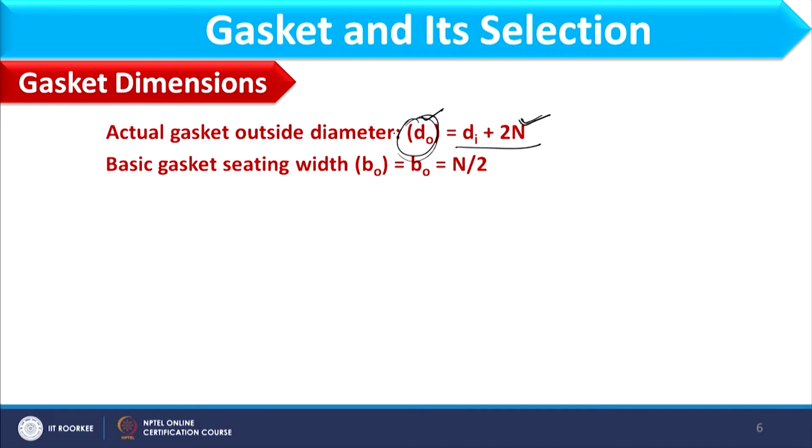Now, once I have this width with us, what do I have to find further? I have to focus on the effective gasket width. What would be the effective gasket width?